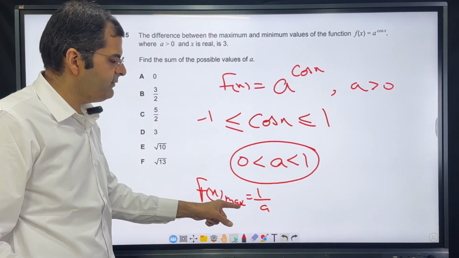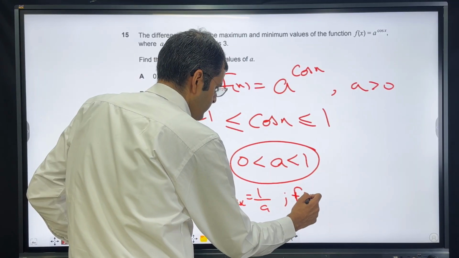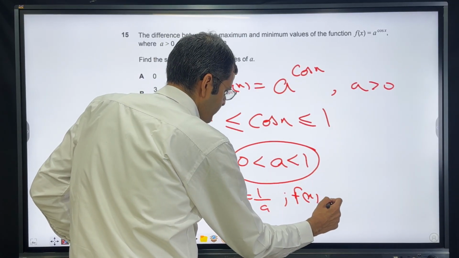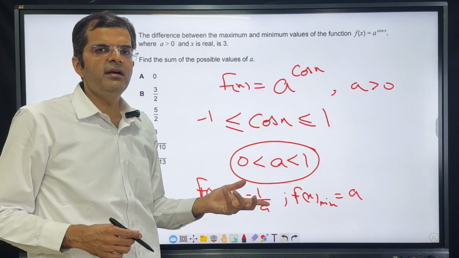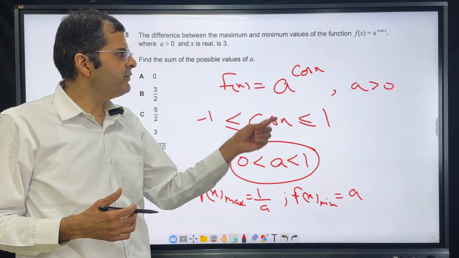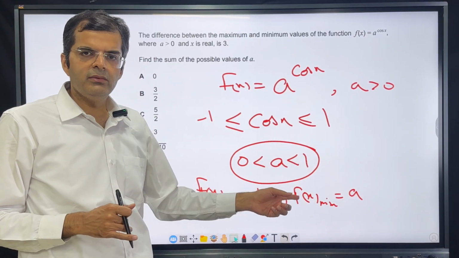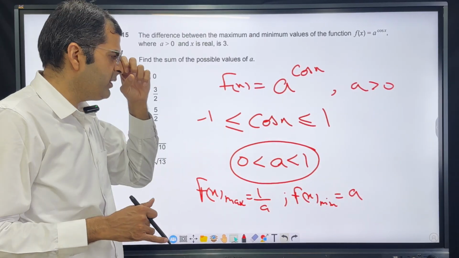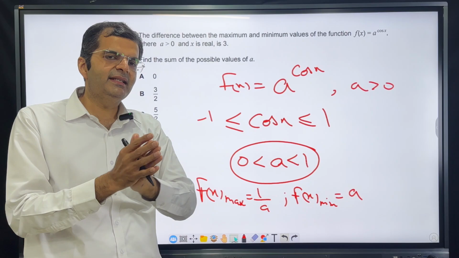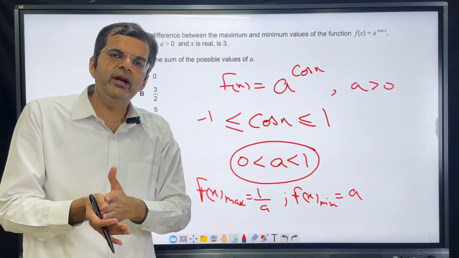So the maximum value comes 1 upon a, and the minimum value f of x minimum comes out to be a, because then cos x is 1. So 0.5 raised to 1 gives me the minimum value, because cos x lies between -1 and 1. For example, let's say a is 0.49.